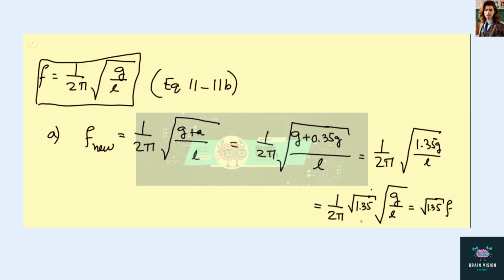So if we evaluate this, this is 1.16 f. So it's 1.16 of the initial frequency.